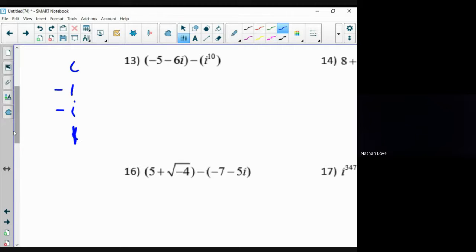So I'm going to count to 10: 1, 2, 3, 4, 5, 6, 7, 8, 9, 10. So this is being a negative 1. A negative times a negative is a positive 1. And so that needs to go in with the 5, which makes it negative 4 minus 6i.